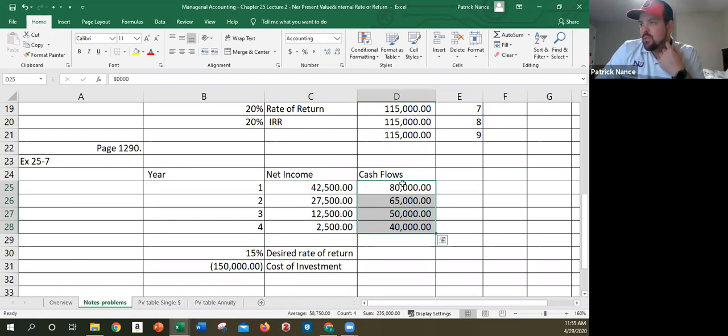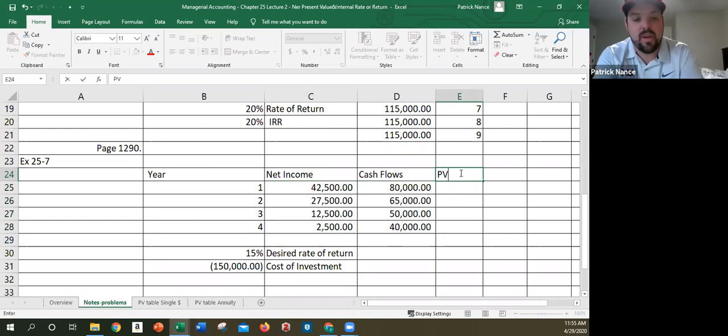And why it says Exhibit 2 is I want you to notice, number one, we're not using net income because we're not doing the accounting rate of return or the average rate of return. We're doing the net present value, which deals with cash flows. Because these are unequal, I can't use the annuity table. So I have to use the regular present value of a single amount table, the single dollar.